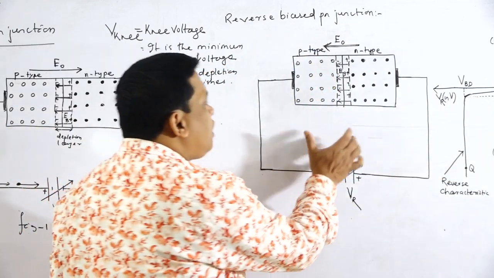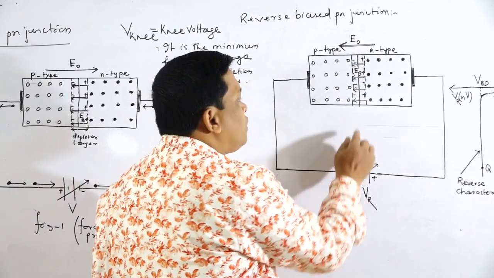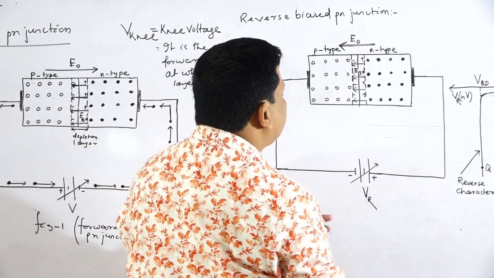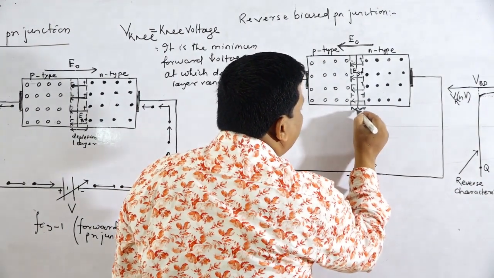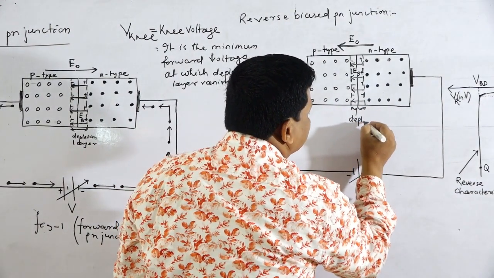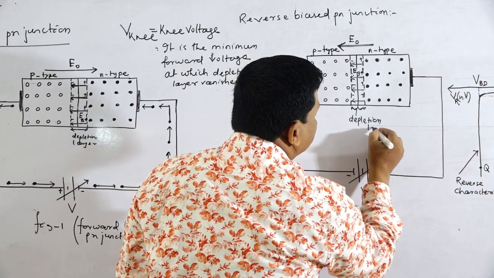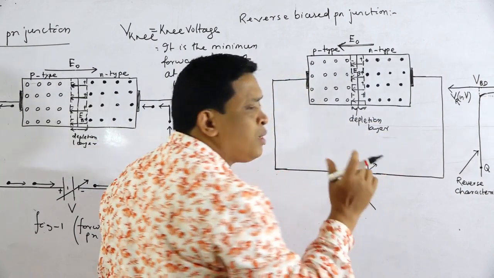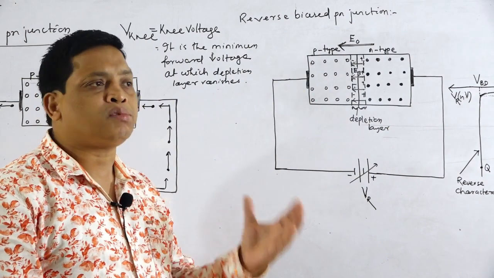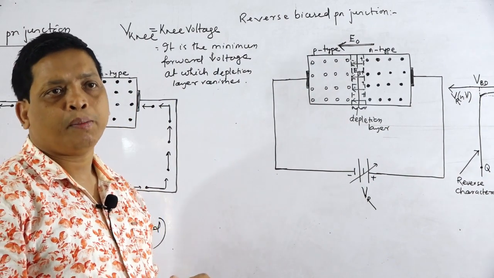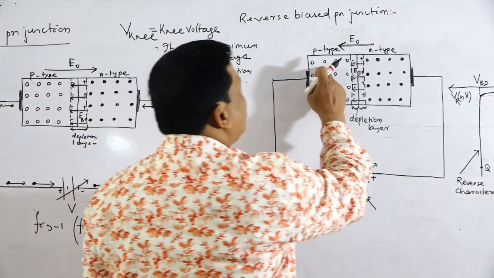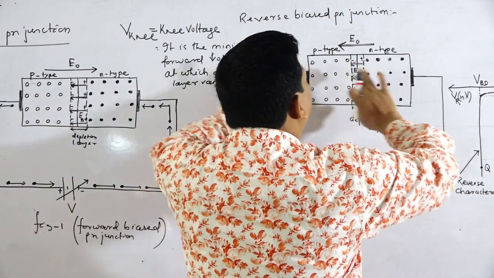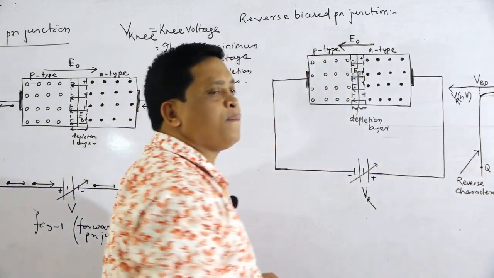So under reverse biasing condition, the width of the depletion layer gradually increases. The potential barrier becomes stronger and stronger.